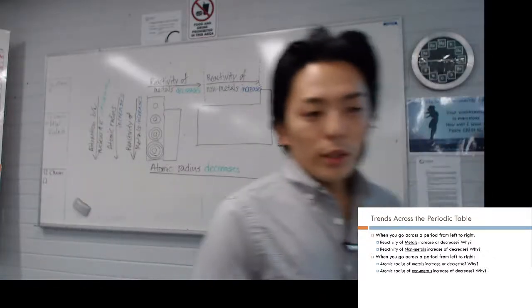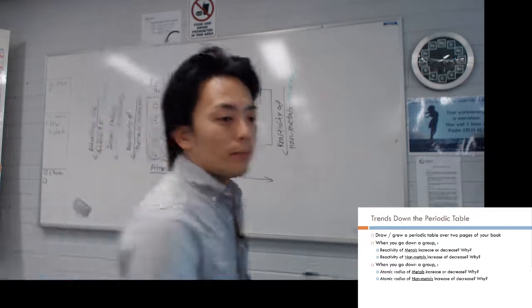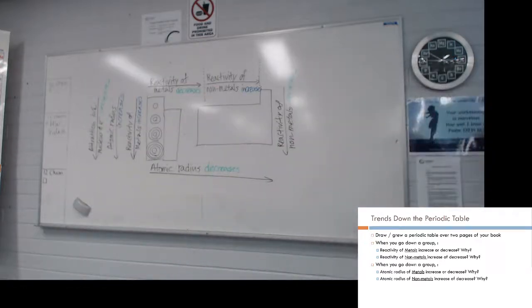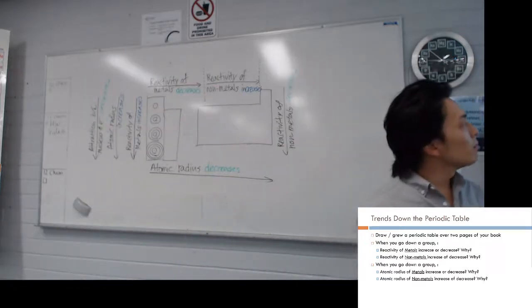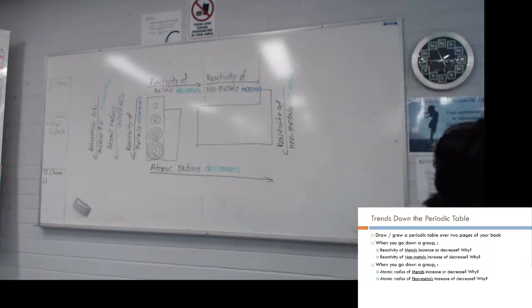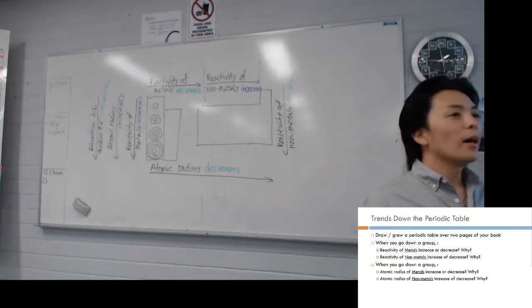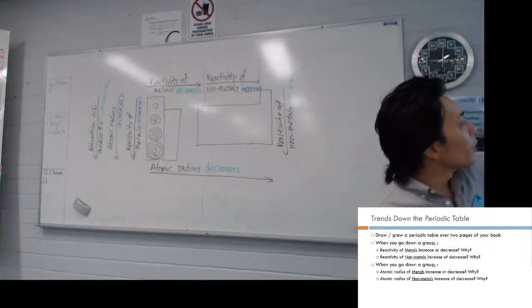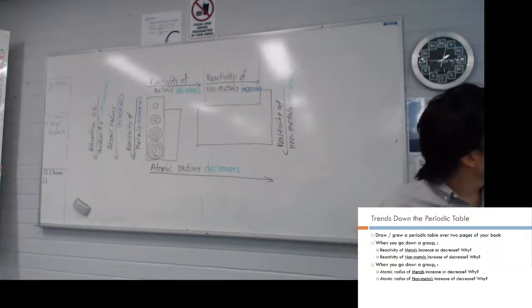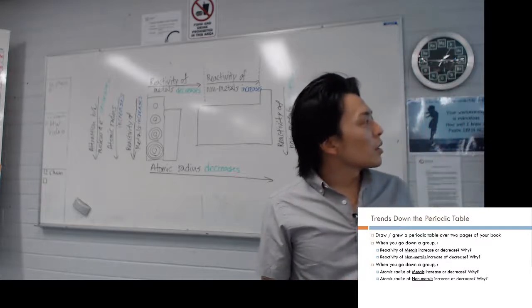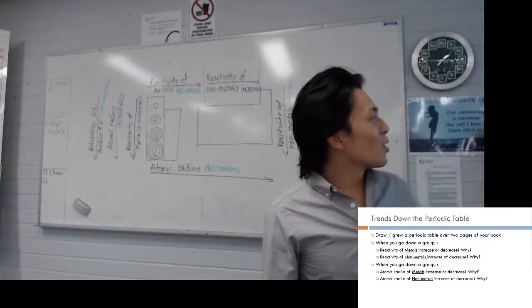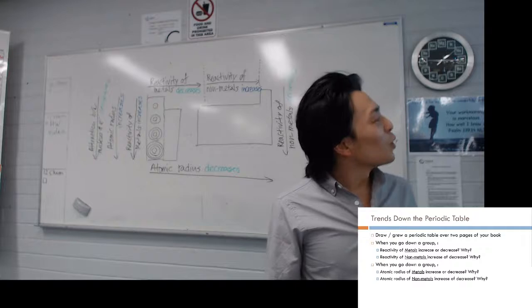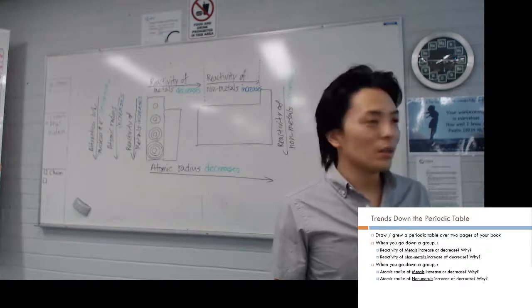On this slide and the slide before, there are a few things written. Reactivity of metals increases or decreases, and why? Reactivity of non-metals increases or decreases, and why? When you go down a group, atomic radius of metals increases or decreases, and why? Atomic radius of non-metals, and why?